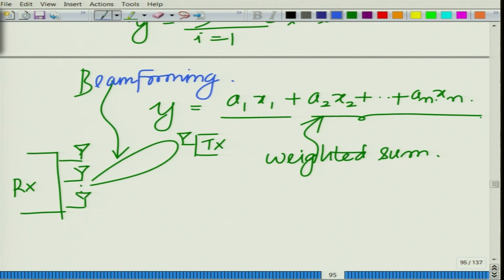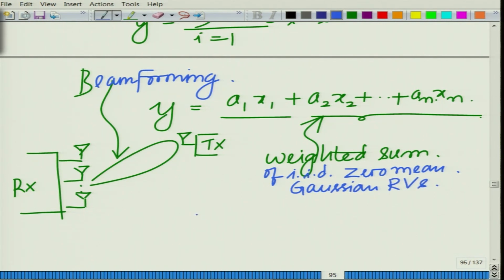So, you are forming a weighted sum of i.i.d., and in fact I would also add zero mean, Gaussian random variables, and I can write this, as we have written, as summation ai xi.